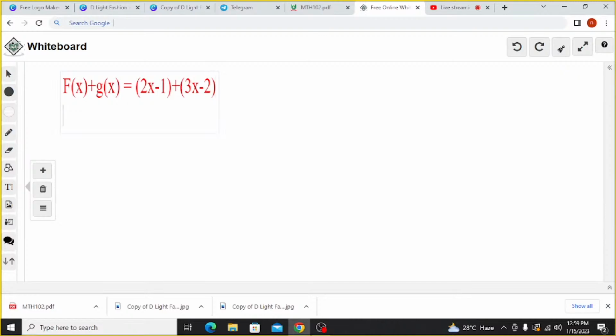So our answer now equals, we collect the like terms, x to x and ordinary value to ordinary value.